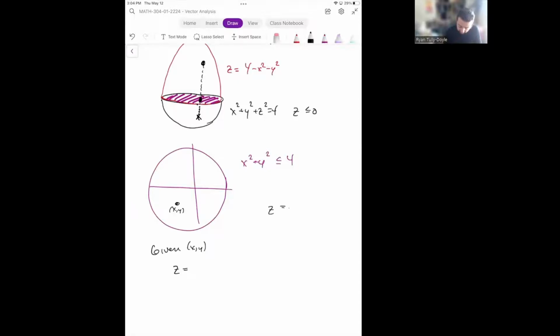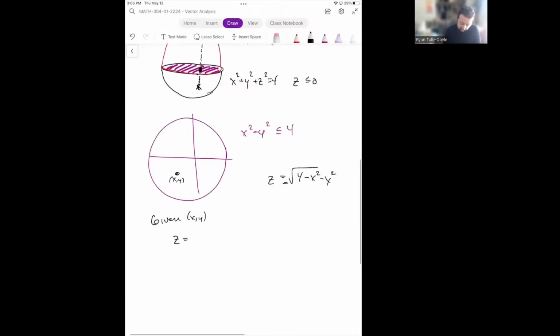So we get z equals the square root of 4 minus x squared minus y squared. And because we're looking at the bottom hemisphere, I have to put a negative on it. That's our lower z, and then our upper z was given to us as 4 minus x squared minus y squared.